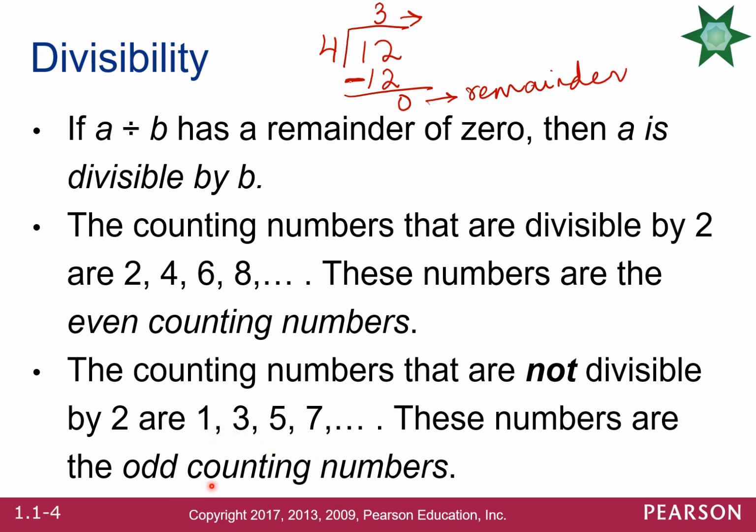Those numbers are called odd counting numbers. So the odd counting numbers 1, 3, 5, 7. 7 divided by 2 leaves a remainder of 1, right? 9 divided by 2 leaves a remainder of 1. So it's not divisible by 2. Those are the odd counting numbers.